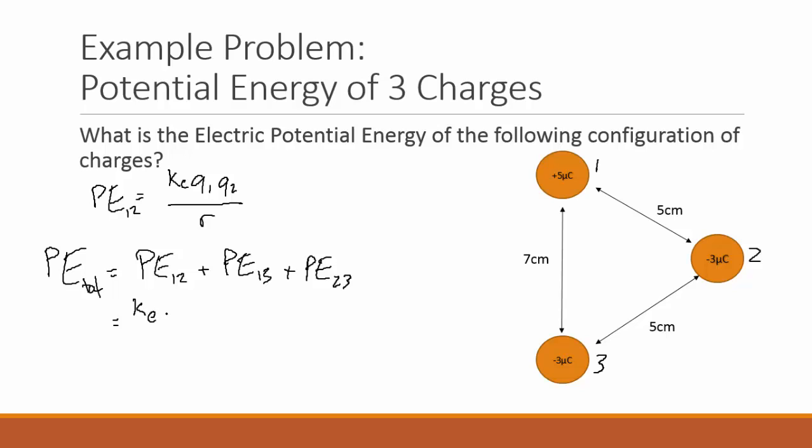And then the formula I'll be using is the electrostatic constant, K sub E, times the charge of 1 times the charge of 2, all over what I'll call R sub 1, 2, which is the distance between 1 and 2, which is just 5 centimeters.